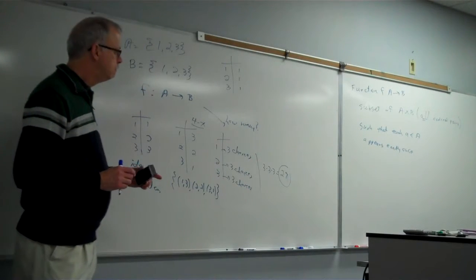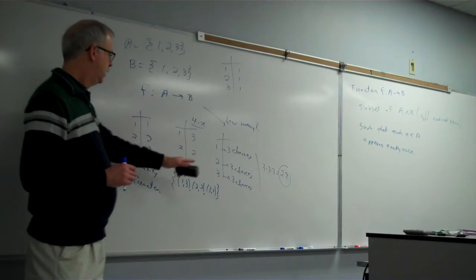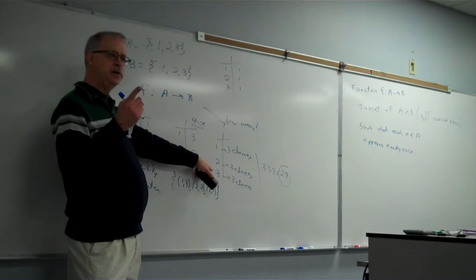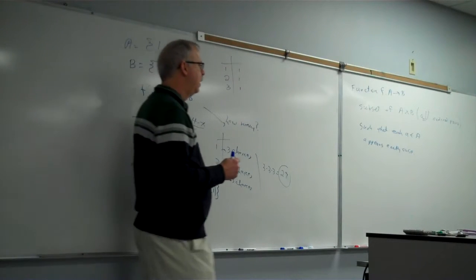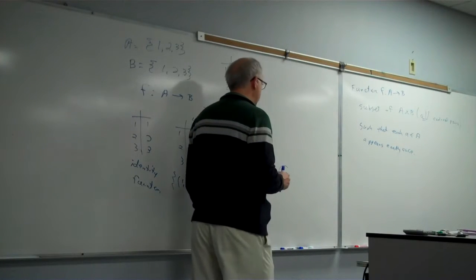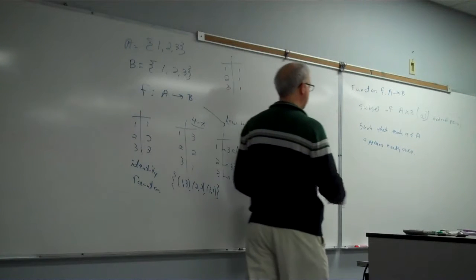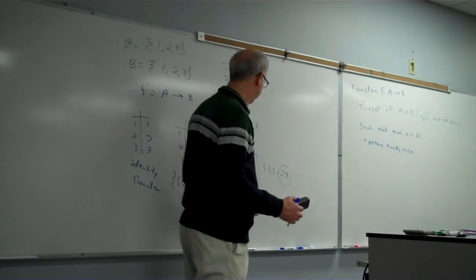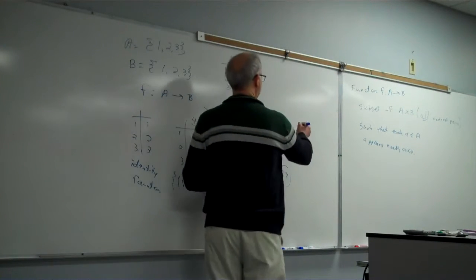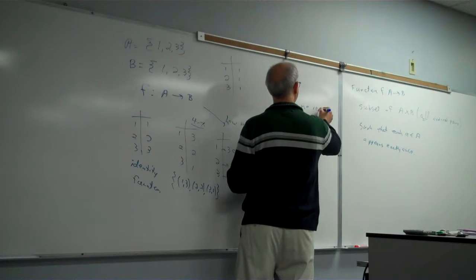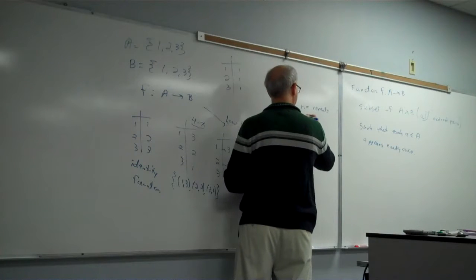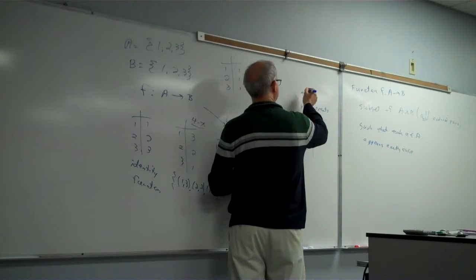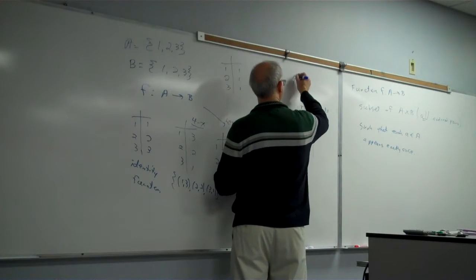Now, there was a question somebody asked about, could they repeat? So suppose we don't allow repeats. So if we allow no repeats, how many of these functions are there?